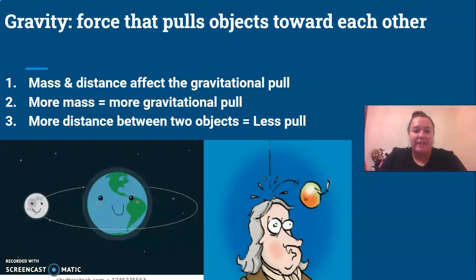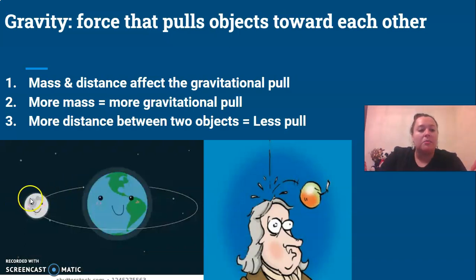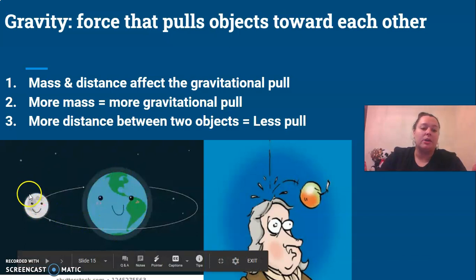So the thing about gravity is a pull between objects towards one another. However big something is, like the earth or the moon, the more gravitational pull it has. So that's why the moon orbits around the earth, because the earth has more gravitational pull, so it pulls the moon around it.